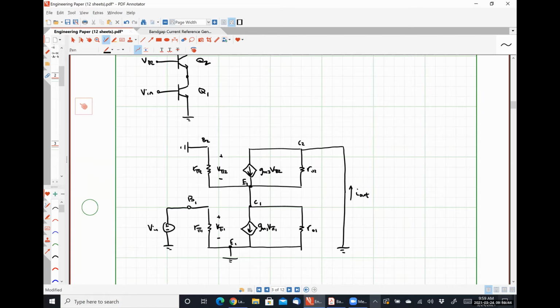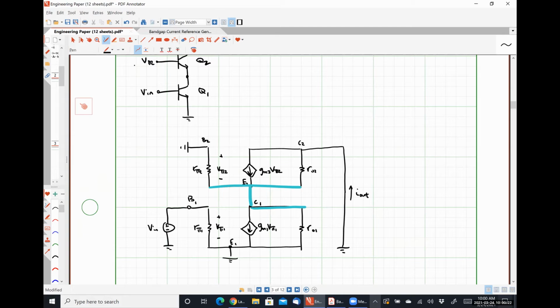So this looks particularly ugly, right? Pretty ghastly. But there's a couple of things that we can observe. The first is that the resistor r pi 2 is placed between this node, let me highlight it in some other color, that's all one node, and ground.